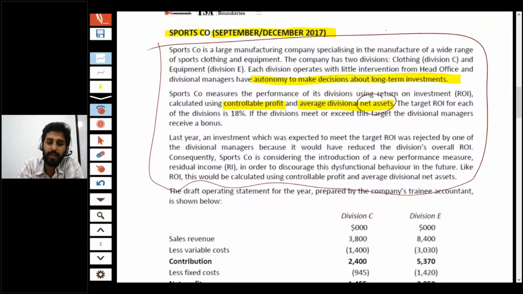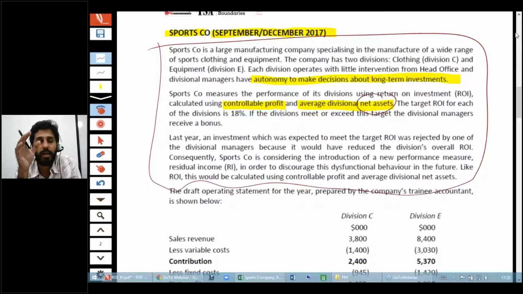They are trying to say take the average capital figure. There may be opening capital and closing capital. Which figure should be selected? It would be written in the company's accounting policy, and they have the policy to use average net assets.